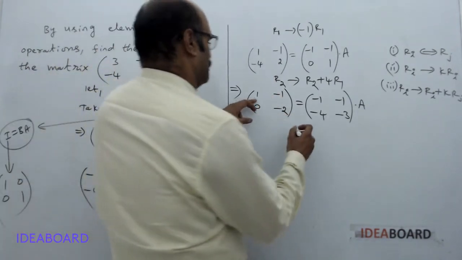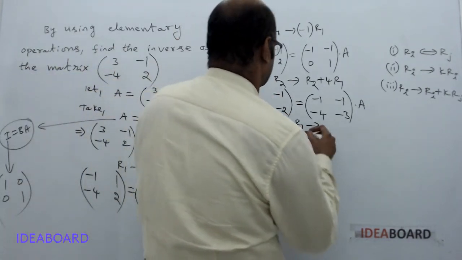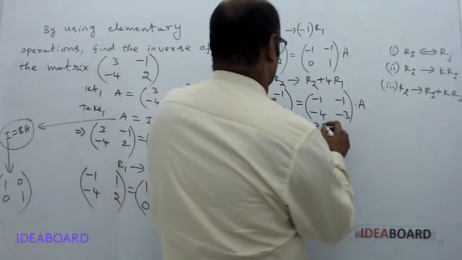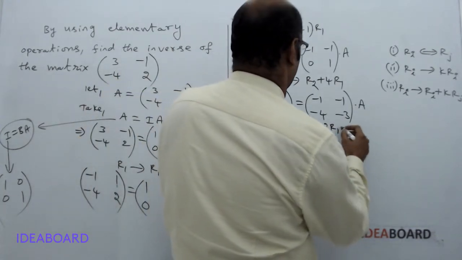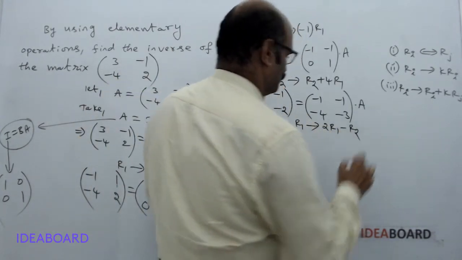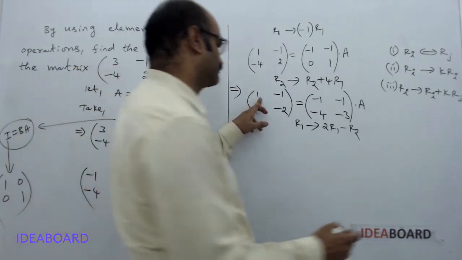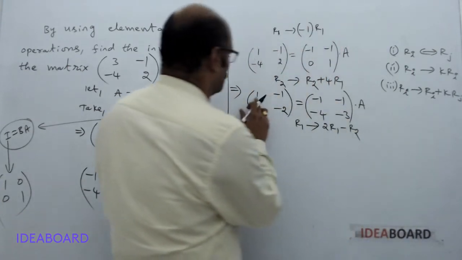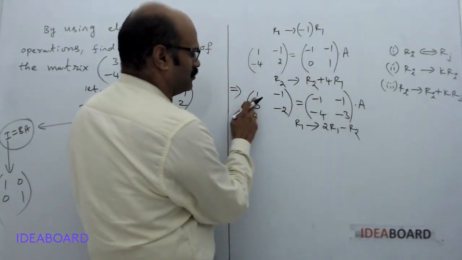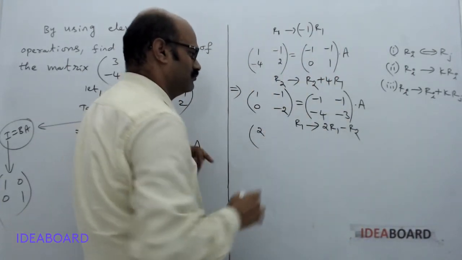Here we have to take R1 implies 2 into R1 minus R2. Then it becomes 2 into 1, 2 minus 0, 2.